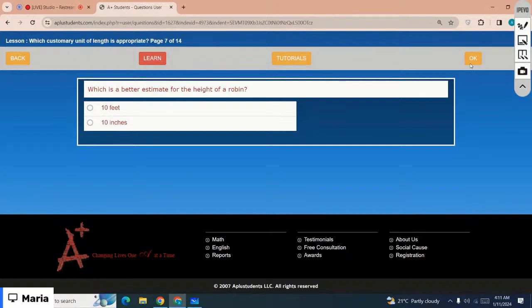That is 10 inches, because 10 feet is too big. You can complete the lesson by yourself later today. Let me move on to the next lesson.